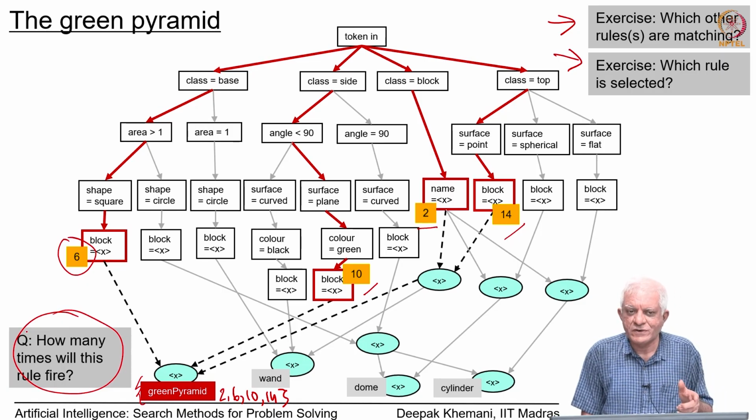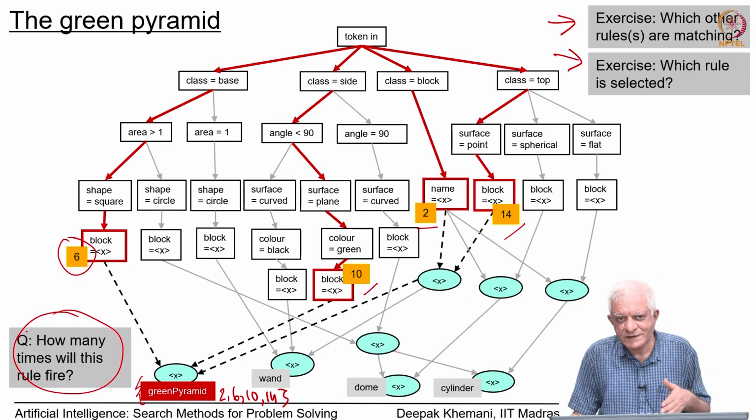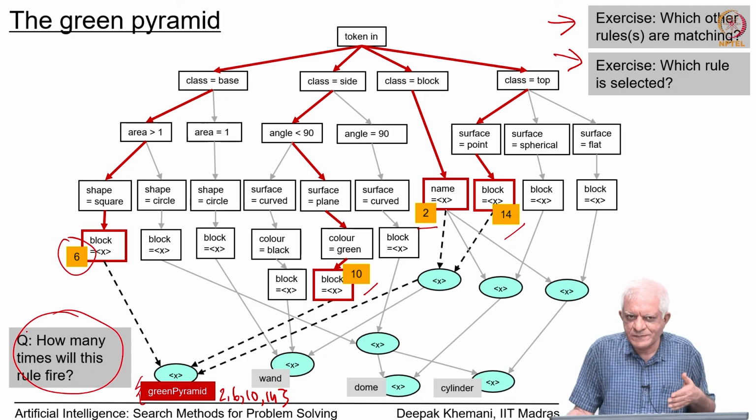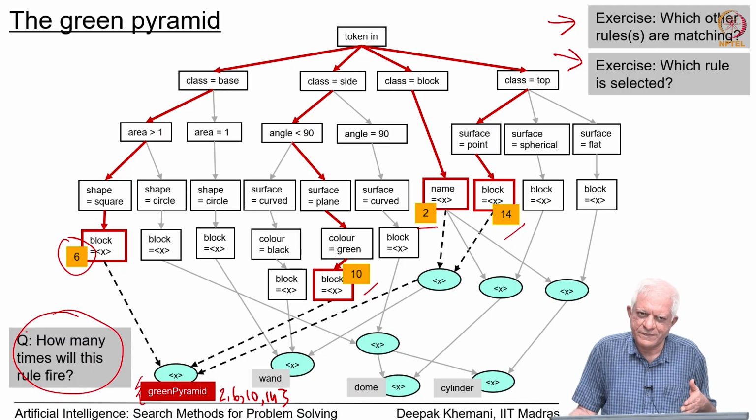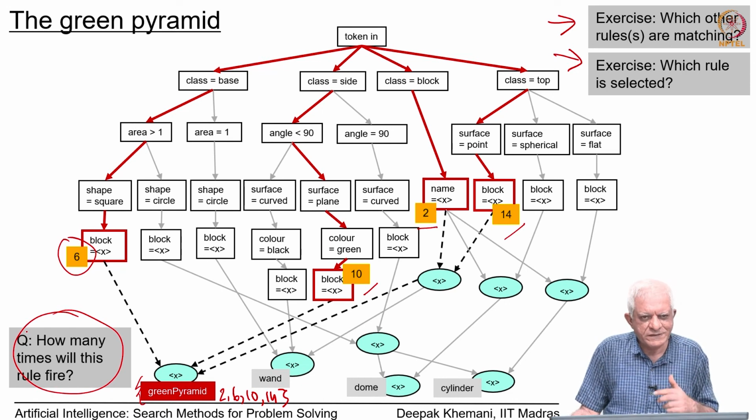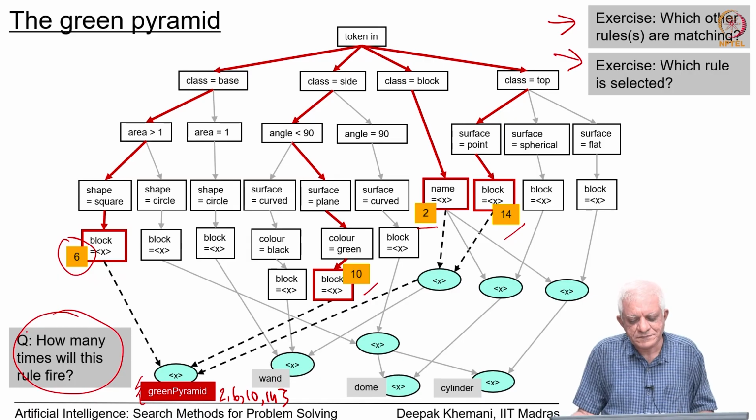Even after it is executed, it still matches, and it was selected the first time. Is there any reason why it should not be selected the second time? So, how many times will it fire? Think about this and think about the property of refractoriness that we spoke about.